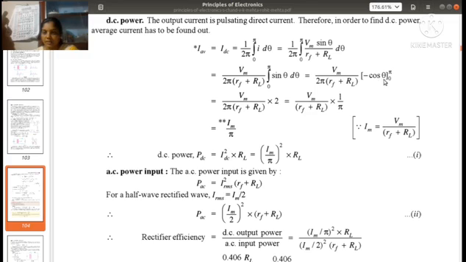You can write it on a paper. Cos pi is equal to minus 1 and cos 0 is equal to 1, which will give you 2. So this 2 and this 2 will cancel out each other, and the remaining term is Vm by Rf plus RL into 1 by pi.